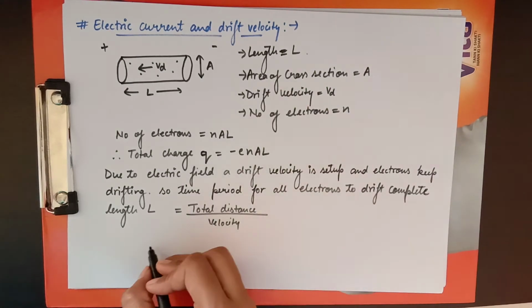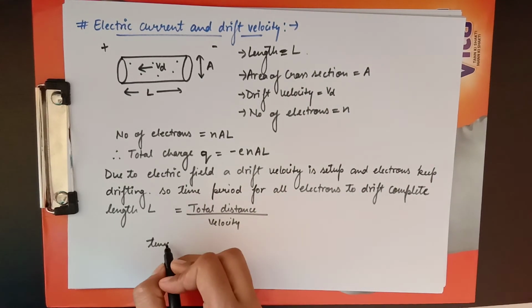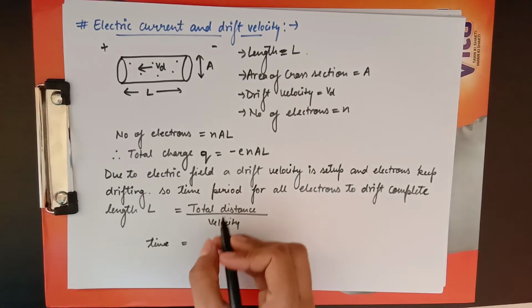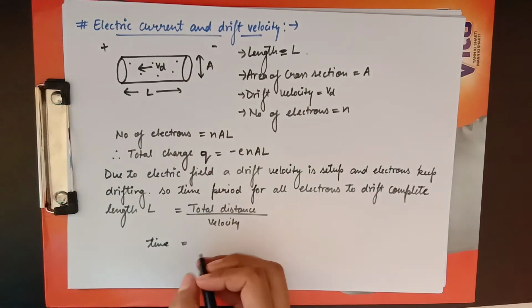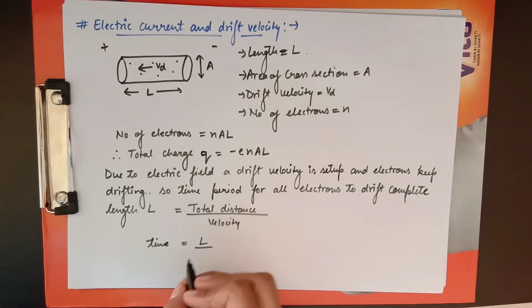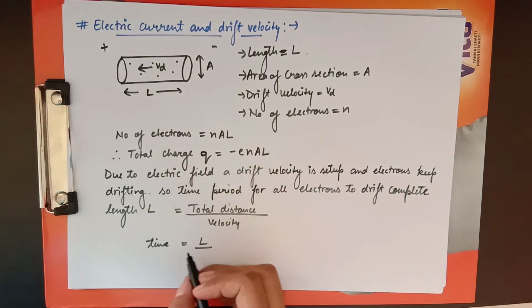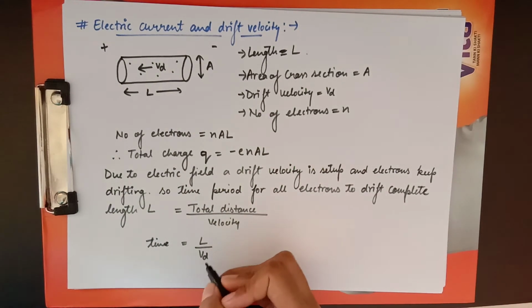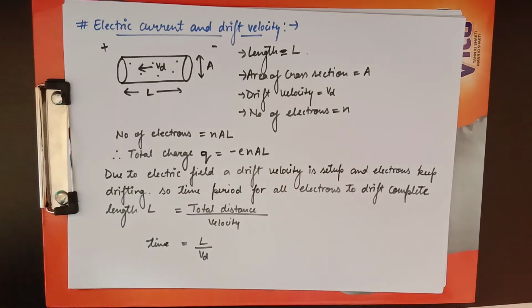Total distance is L, and velocity is drift velocity, so time is L divided by Vd.